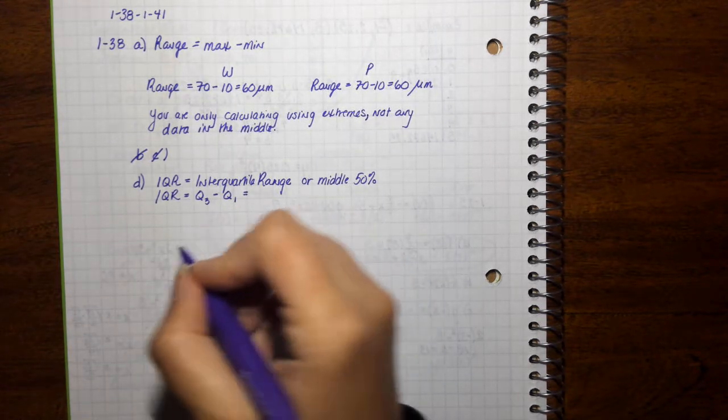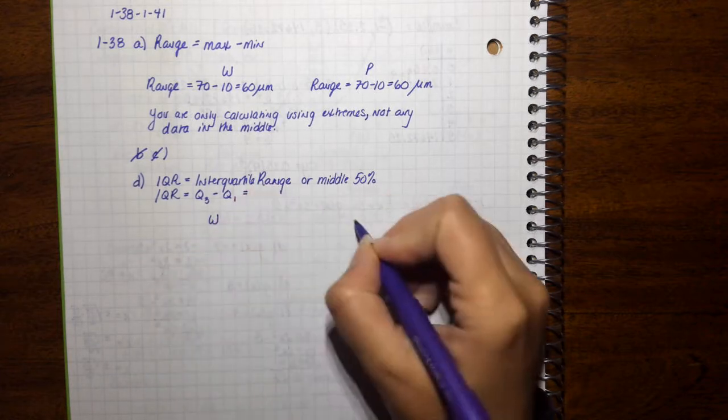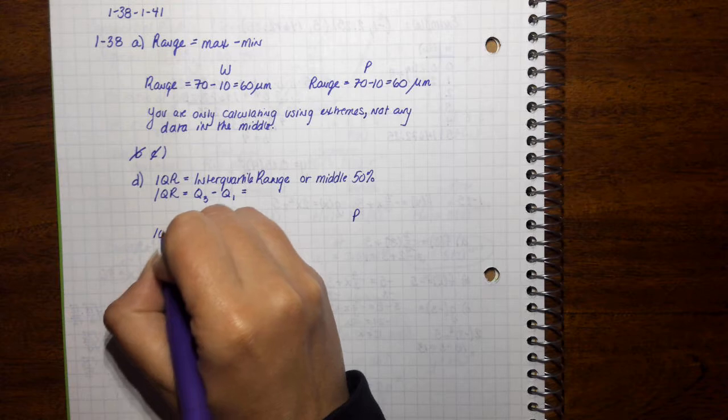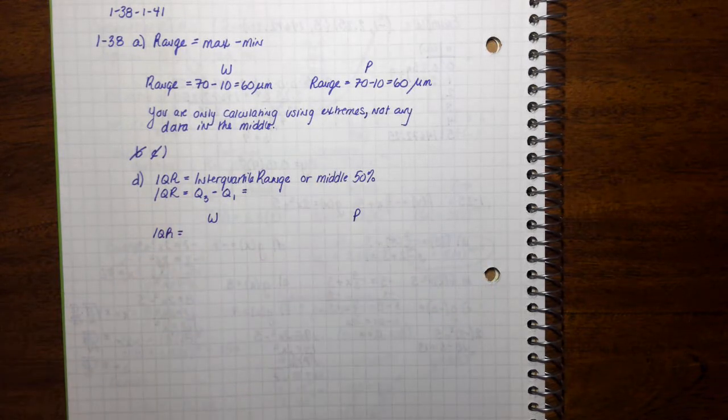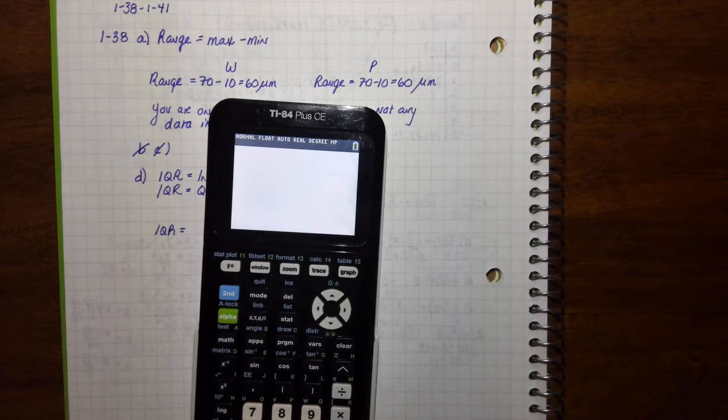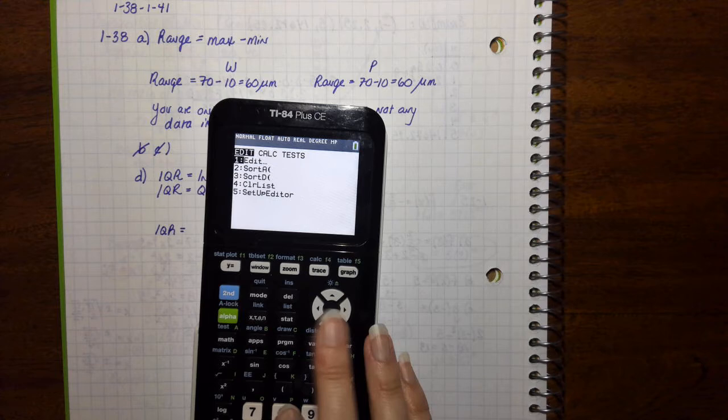Okay, so for sugar W, I have already entered my values into my calculator, and you guys remember my document camera doesn't love the calculator, so we'll see how it goes. One variable stats. I'm gonna do L1 first.